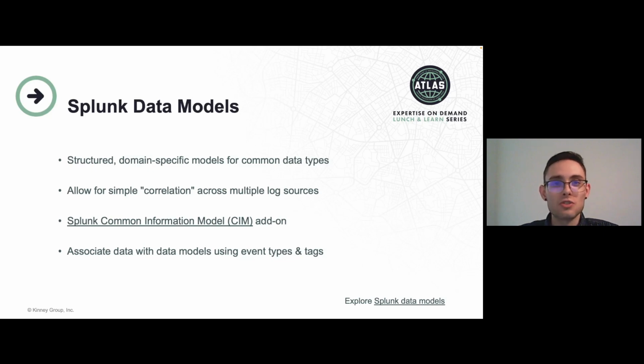So correlation searches are built on this idea, using the data models, filling all the data models with the unique data types that apply to them. And those data models that you're generally going to be using are provided by the Splunk Common Information Model add-on. So as I set up this test environment, I install the add-on really as a default. I'm generally going to be using it at some point or another.